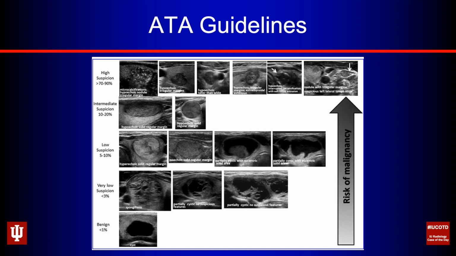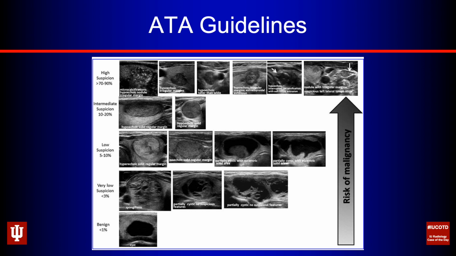This is in every body reading room. Usually it's posted on the wall or in cubicles. These are just the standard issue imaging appearances of different thyroid nodules. If you look at the bottom of the image, you can see the benign appearance. And as you work your way up to the top, these are imaging patterns on ultrasound that confer a greater risk of malignancy.